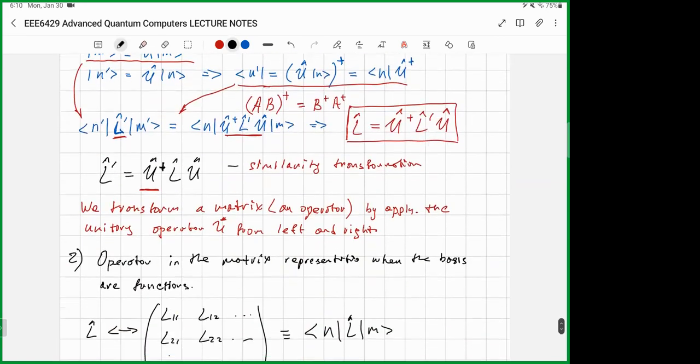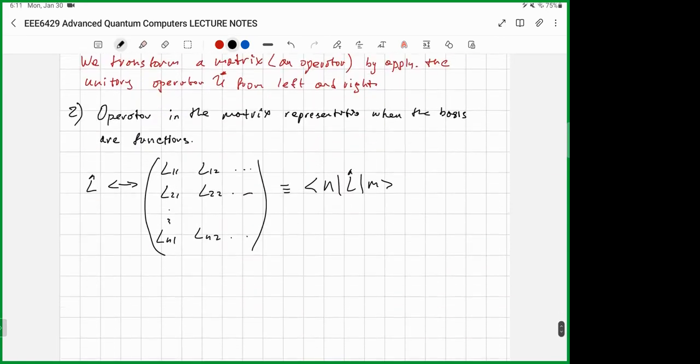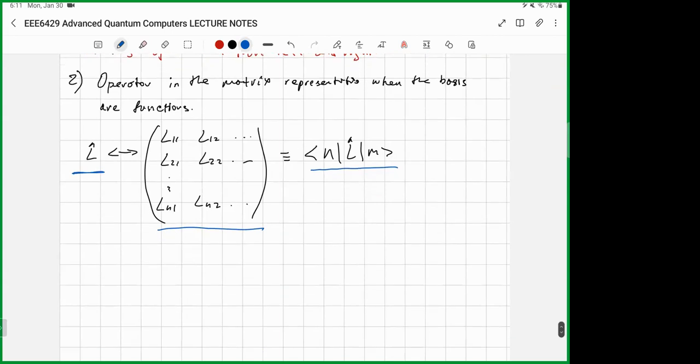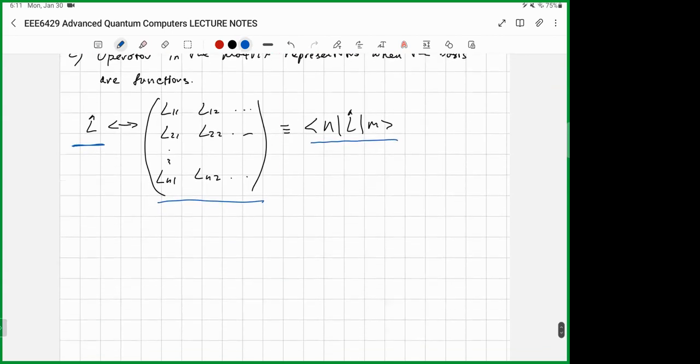This is the way I represent my operator in the matrix notation, in this short form.